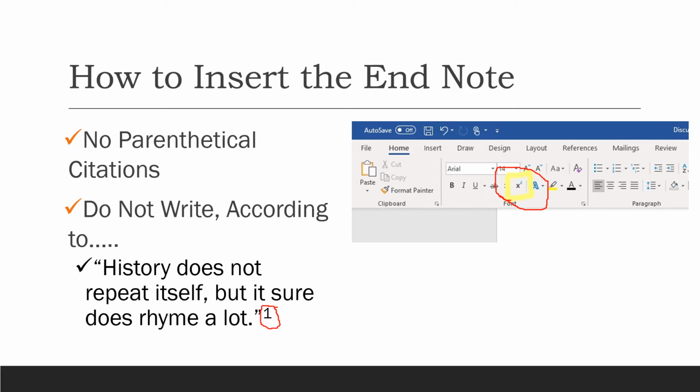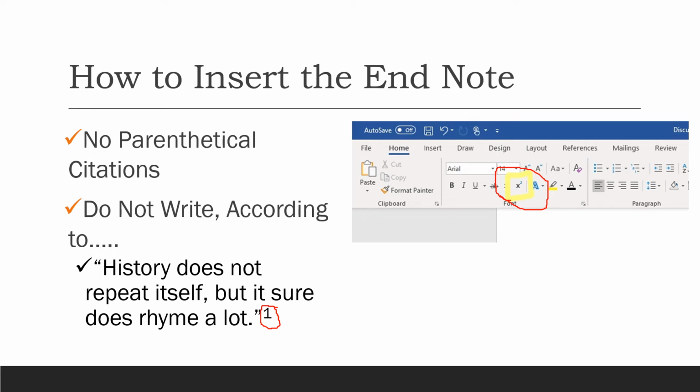Okay, very simple. No parenthetical citations are used with the author's name or, let's say, from my lecture. Please do not write "according to so-and-so in their textbook" or "according to the textbook." Never use "according to the textbook." Never. That's a major faux pas, because a textbook is written by an author.